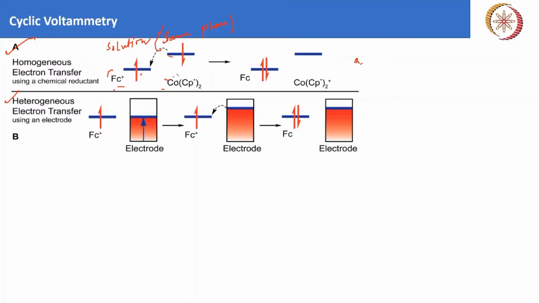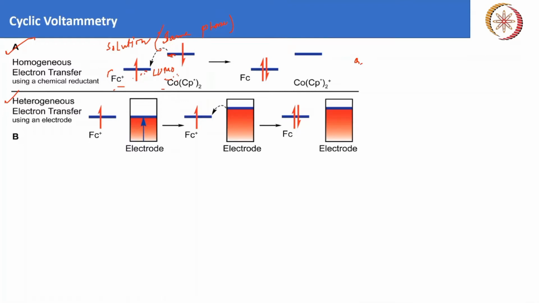The answer is that if you look at the HOMO and LUMO, the HOMO energy of cobaltocene is higher than the LUMO, the lowest unoccupied molecular orbital, of ferrocene. Electrons can transfer from higher energy to lower energy so that it stabilizes. So cobaltocene can transfer the electron to ferrocene and reduce it.